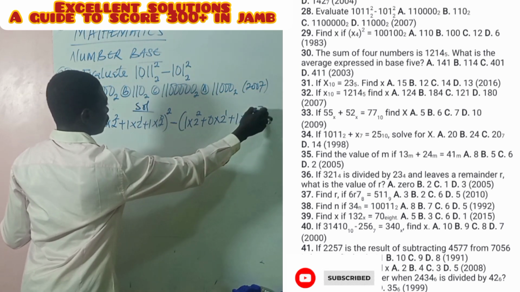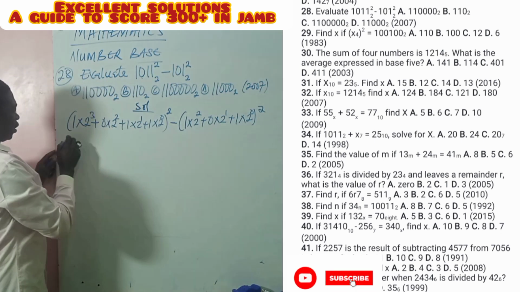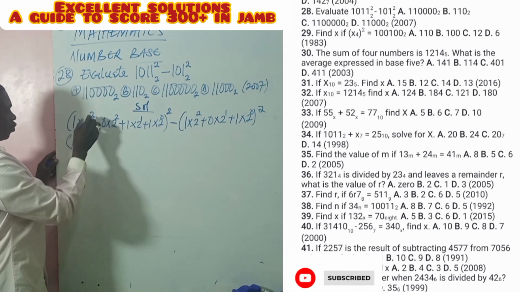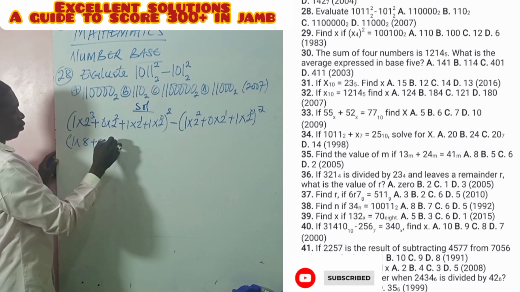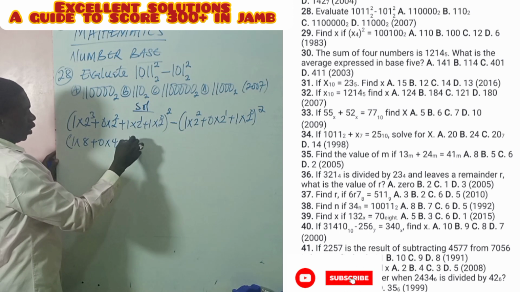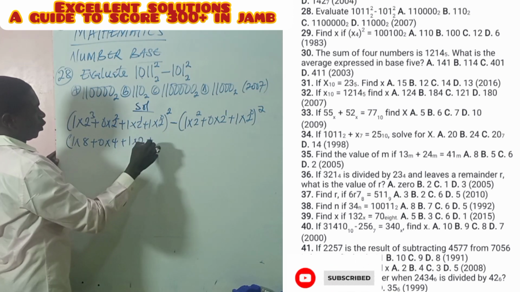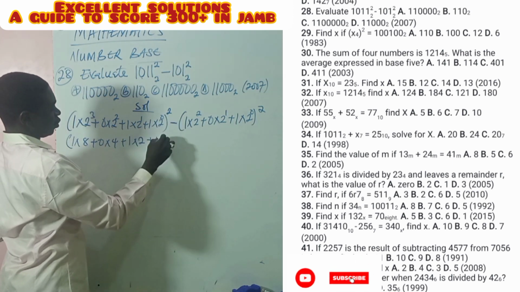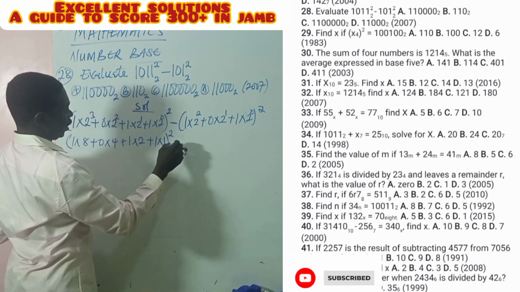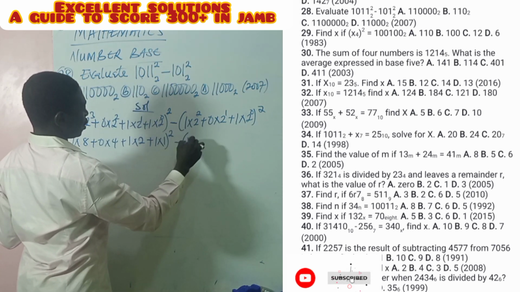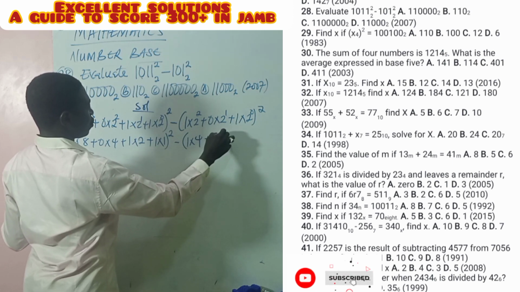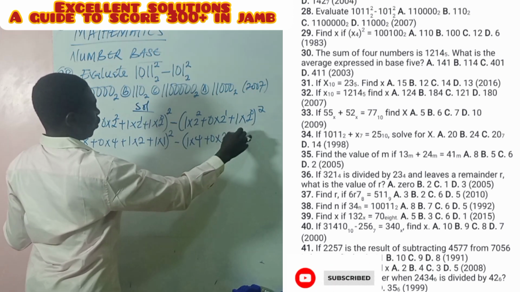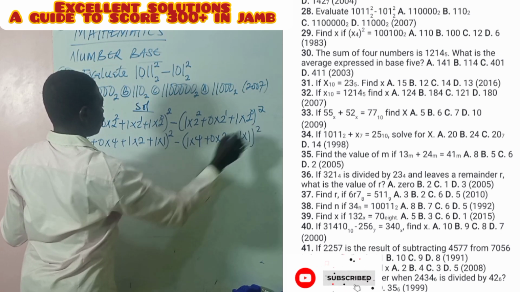So this one also squared. So this is the same as 1 times 2 power 3 is 8, plus 0 times 2 power 2 is 4, plus 1 times 2 power 1 is 2, plus 1 times 2 power 0 is 1, all squared, minus 1 times 2 squared is 4, plus 0 times 2, plus 1 times 1, all squared.